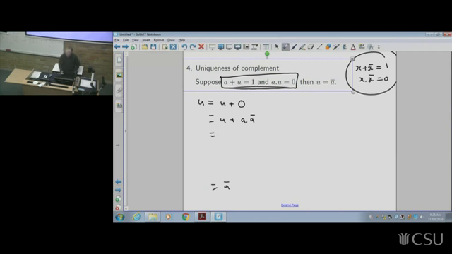I would expand this thing out. So I've got U plus A times by U plus A bar. What's the U plus A? 1. That's what we're assuming here.